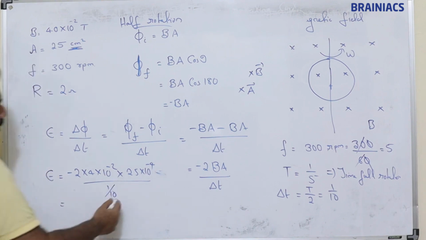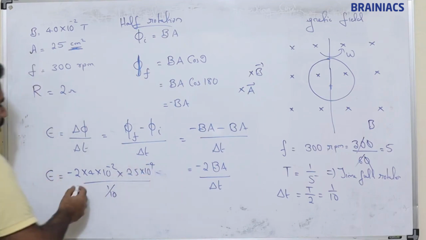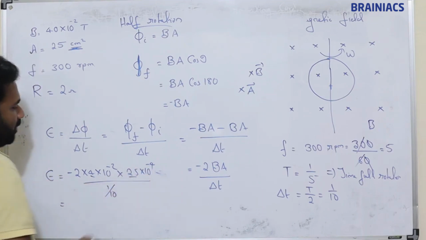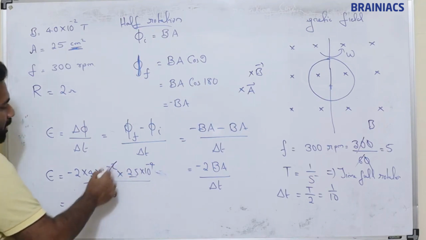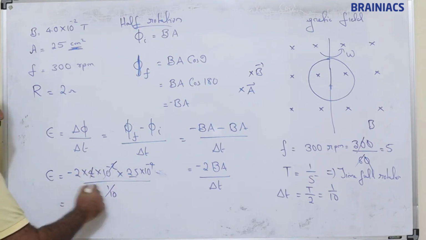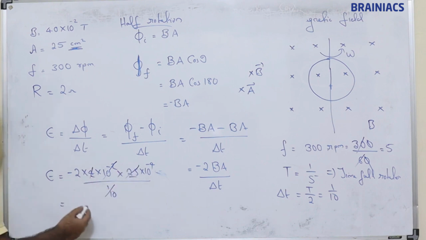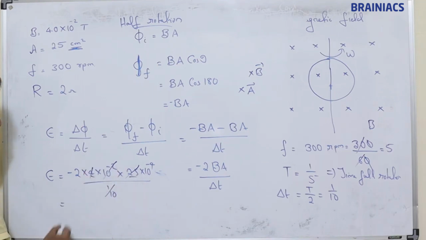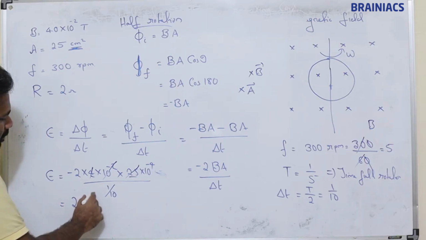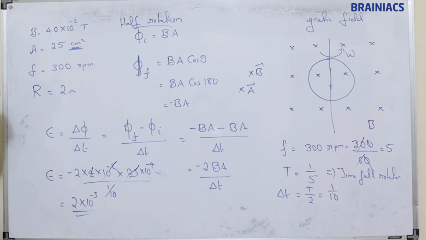So finally 10 will come up. 4 into 25 is 100, and 10 raised to minus 2 can be cancelled. Now this is 2 into 10 raised to minus 4, and 10 also goes up, so this is going to be 2 into 10 raised to minus 3. So 2 millivolt is the induced EMF, correct?